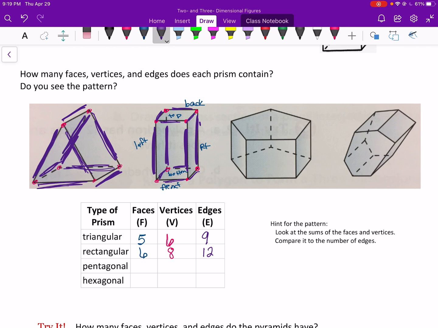All right, let's go to the next one. Count the faces with me, okay? And by the way, this is 1, 2, 3, 4. There are 5 sides. That top is a pentagon. So we call this a pentagonal prism.